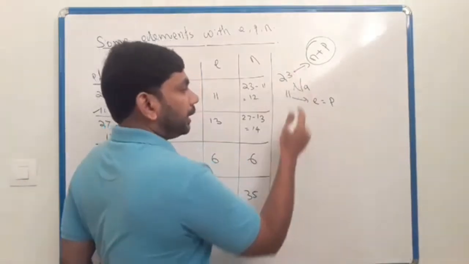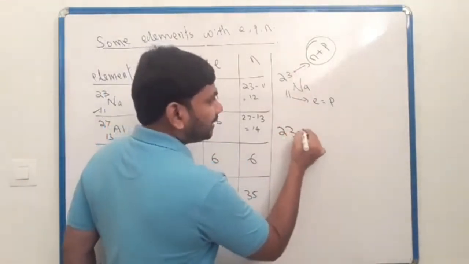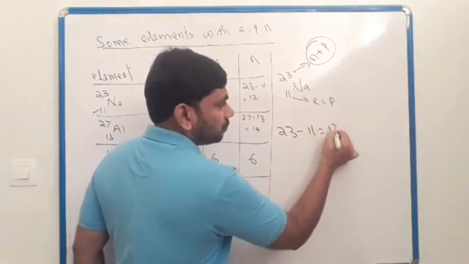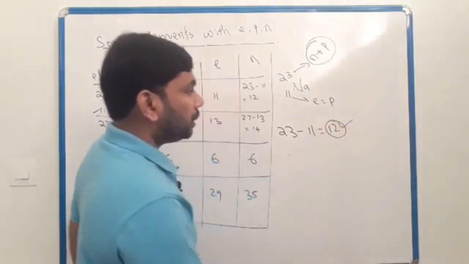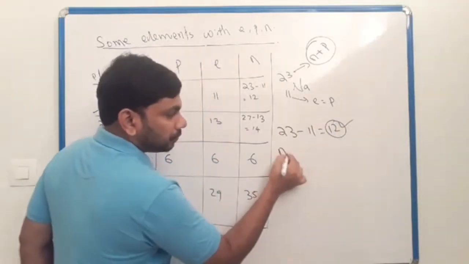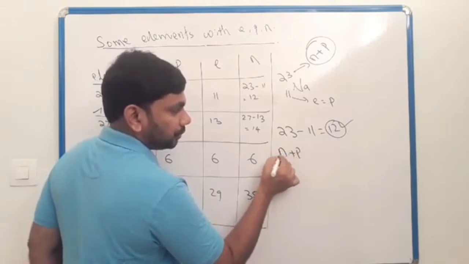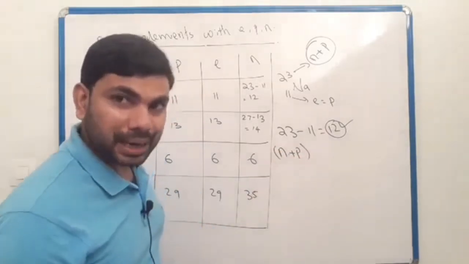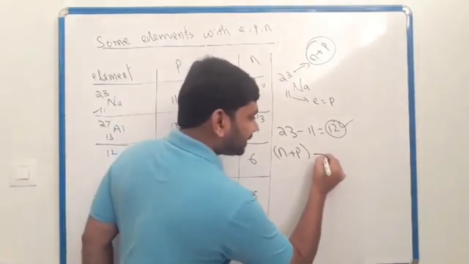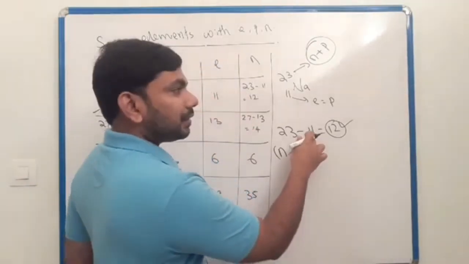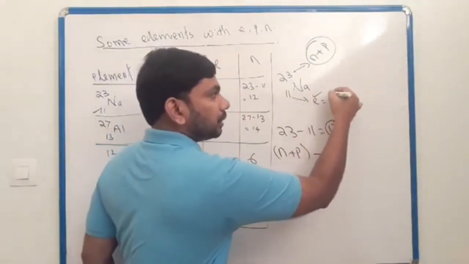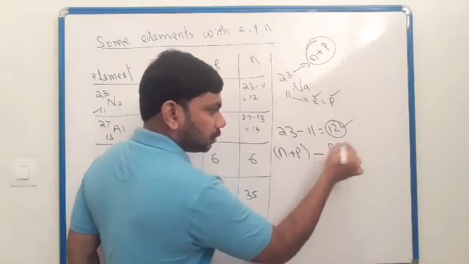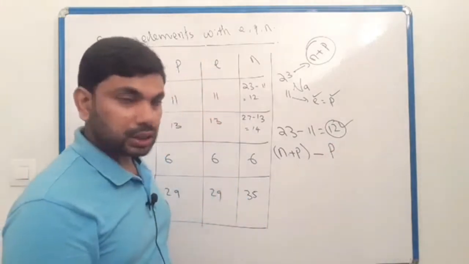So here I told you 23 minus 11, it is 12. This is the number of neutron. 23 means the number of neutron plus proton. The number of neutron plus proton is the nucleon number, that is the mass number. When you deduct 11, what is 11? 11 means the number of electron, the number of proton. So it is equal to the number of protons or electron.